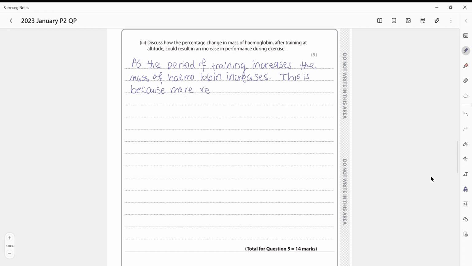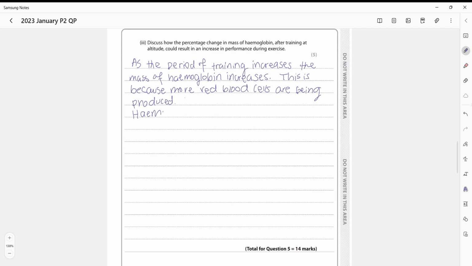This is because more red blood cells are being produced.